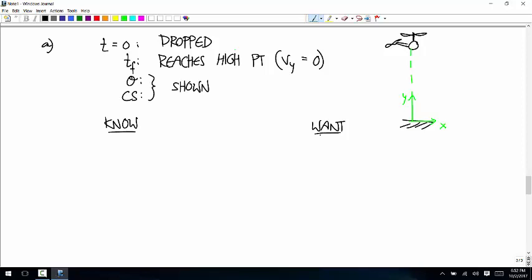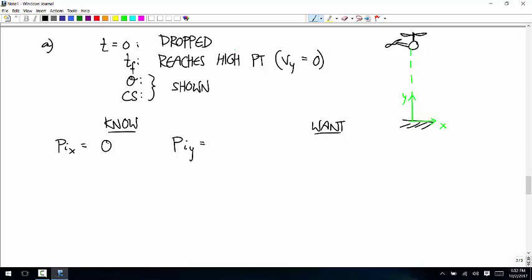We know time final? No? Do we know anything about the initial position? Yeah, we know a lot about that. So we know it's 30 meters high. Horizontally, what is it? 0, yep.